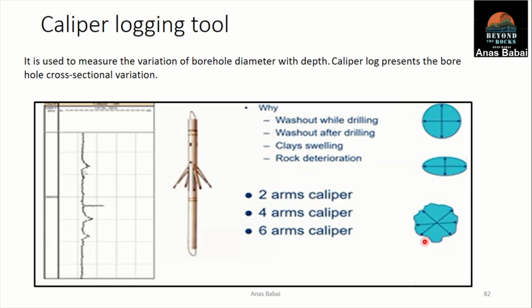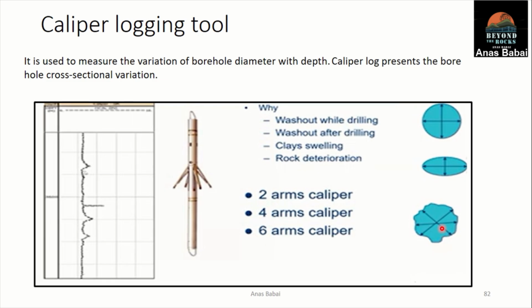cross section, and in this case we cannot evaluate the borehole environment or borehole cross section using only two arms. So we can go for 6 or 8 arms caliper log in order to give a clear idea about the cross section.